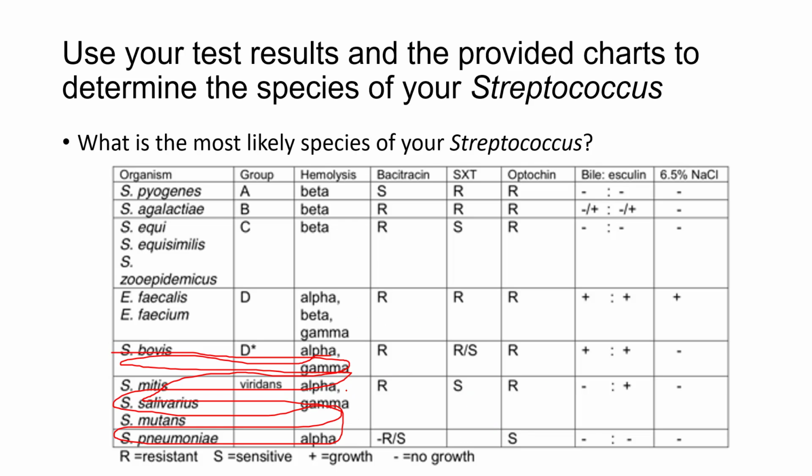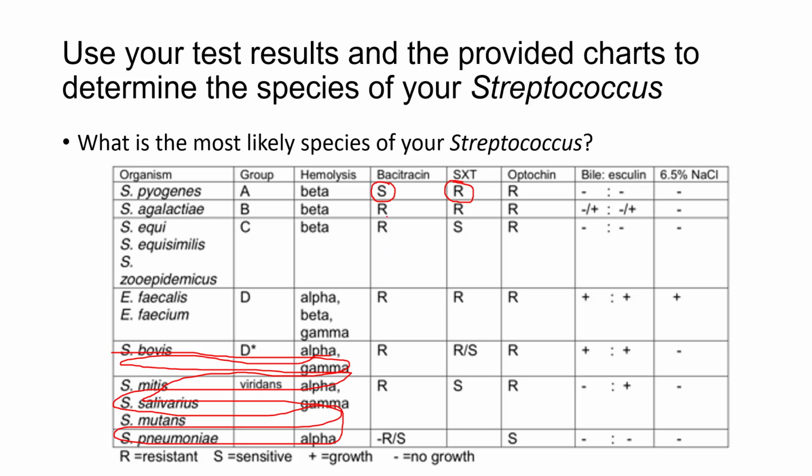Now what else? We saw that it was bacitracin sensitive, remember, on that plate, but SXT resistant. And we didn't do the optochin in this unknown. Bile, esculin, and sodium chloride all negative. That matches. The other species that are possibly beta hemolytic would all be resistant to the bacitracin.